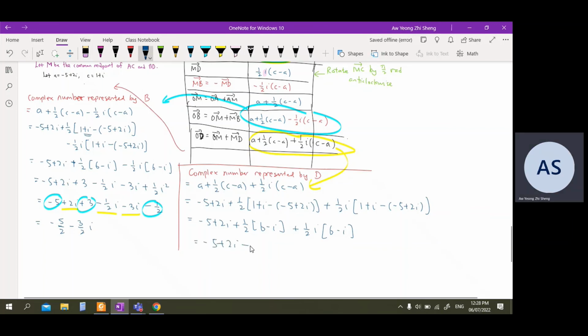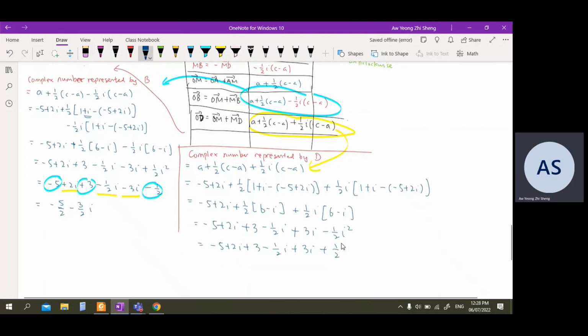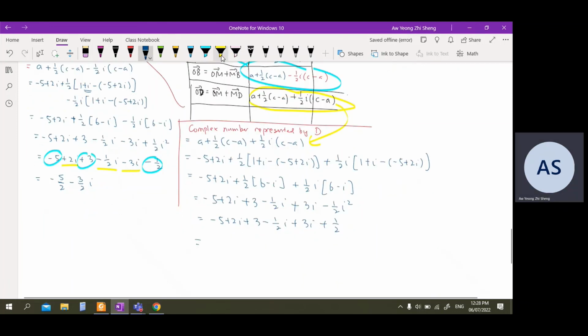Okay, multiply by half, and here multiply by half I. The last term becomes a plus half because I squared is a minus 1. Okay, the real terms, minus 5 plus 3 plus half. So it's minus 5 plus 3.5.